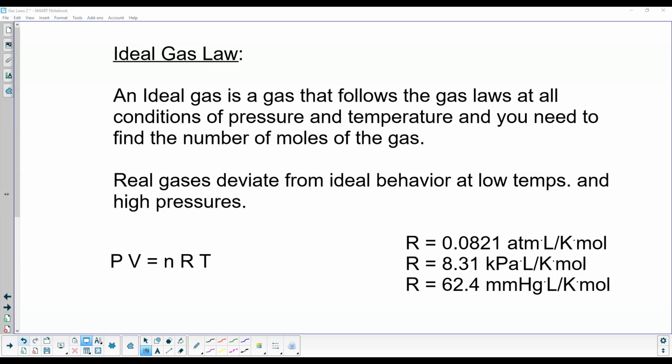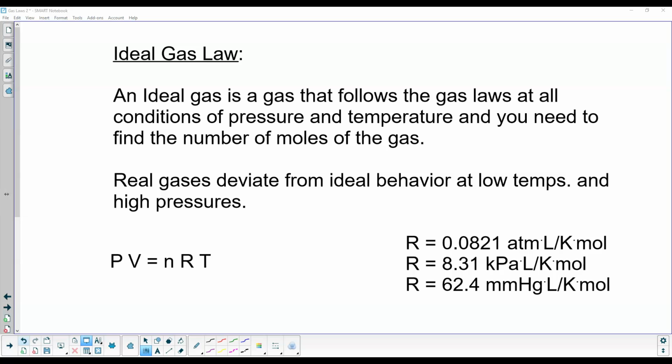What you need to be aware of is that real gases deviate from ideal behavior at very low temperatures and high pressures. This ideal behavior goes back to the kinetic molecular theory, where the particles are small and spread out, and they move around in straight lines until they bounce off something. They're perfectly elastic, and usually gases will follow that theory, but there are times when they deviate from it.